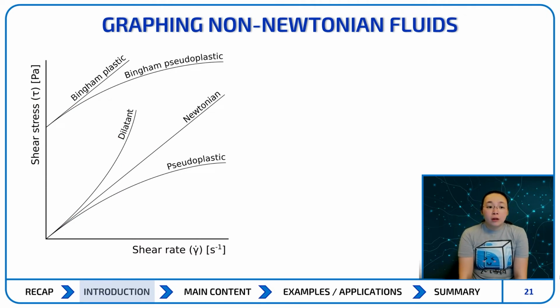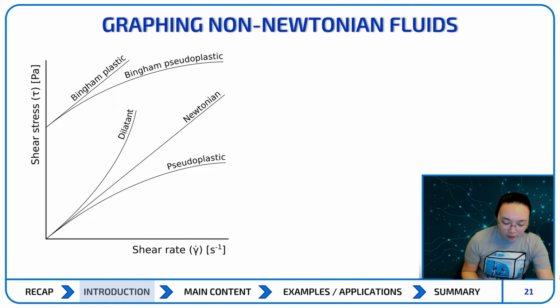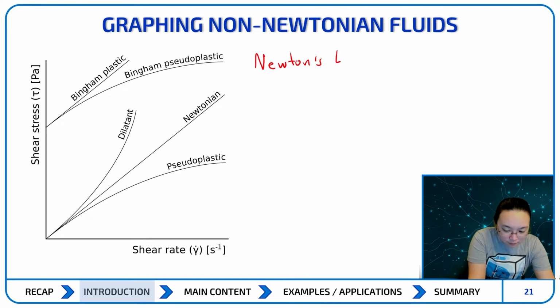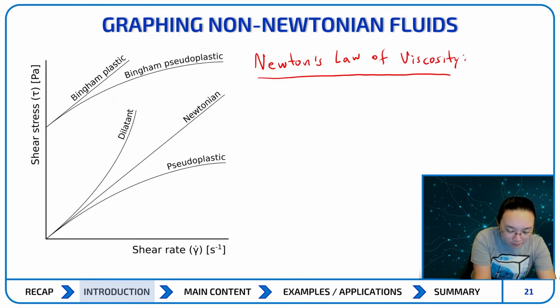And it would be good to try and figure out what kind of non-Newtonian fluid they would be. So if we were to put all of this on a graph, we can try to graph non-Newtonian fluids. We know that a Newtonian fluid follows Newton's law of viscosity. So another way to express this, I'll just write down Newton's law of viscosity.